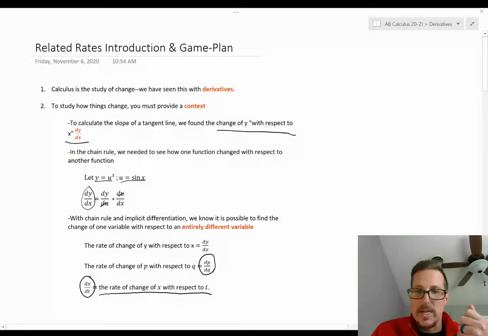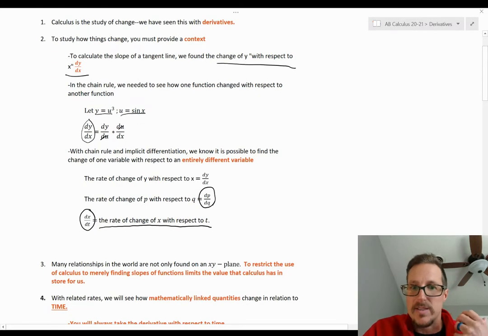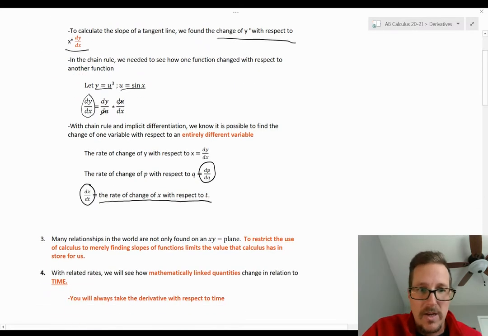So this idea that derivatives are more than just slope, it's more than just the tangent line slope, right? Many relationships in the world are not just limited to the xy plane. We're going to get away from the xy plane and we're going to talk about how we can use calculus in terms of real world quantities, things that change.